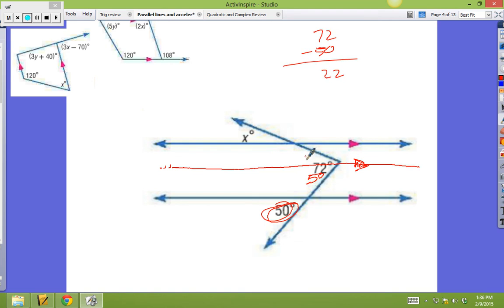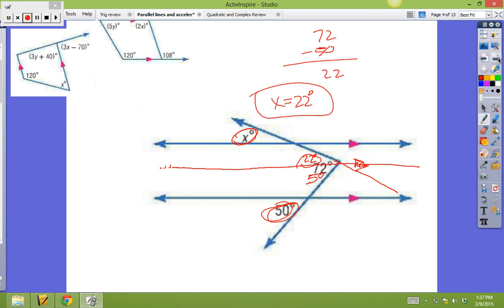And that means that this portion right here is 22 degrees. And now 22 is going to correspond, if this line continues, 22 is going to correspond with x, because they're in the same position. So x is going to be 22 degrees.